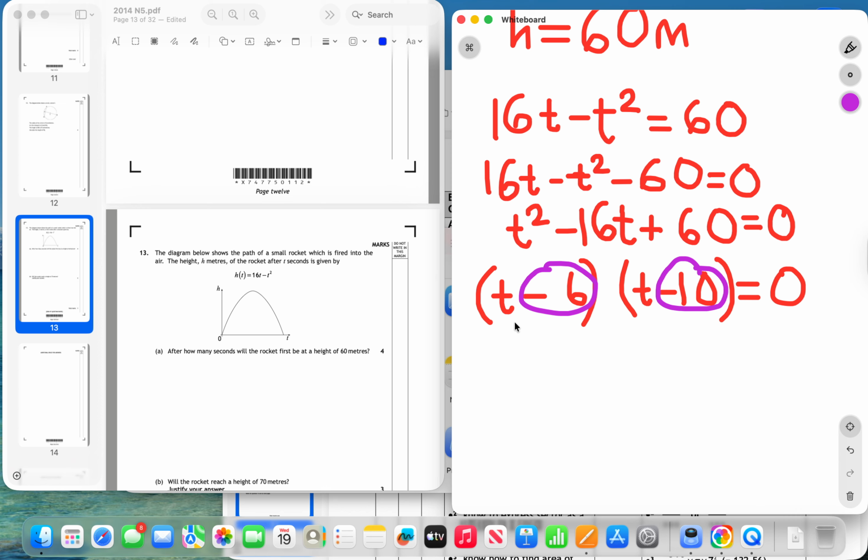And we're going to check this. That's t times t is t squared, minus 10t, minus 6t, plus 60. So if you add all of them, you get t squared minus 16t plus 60.